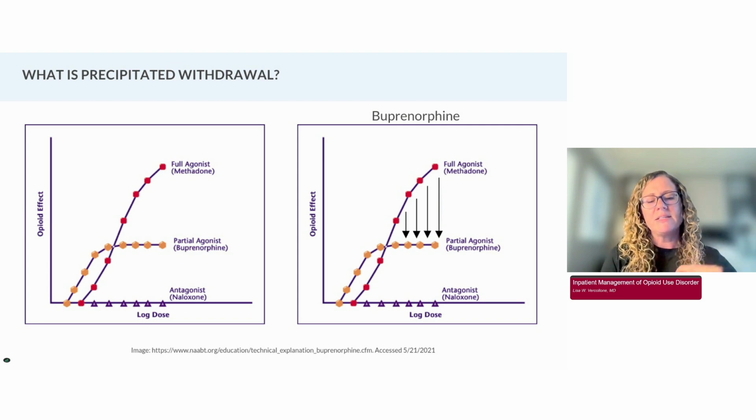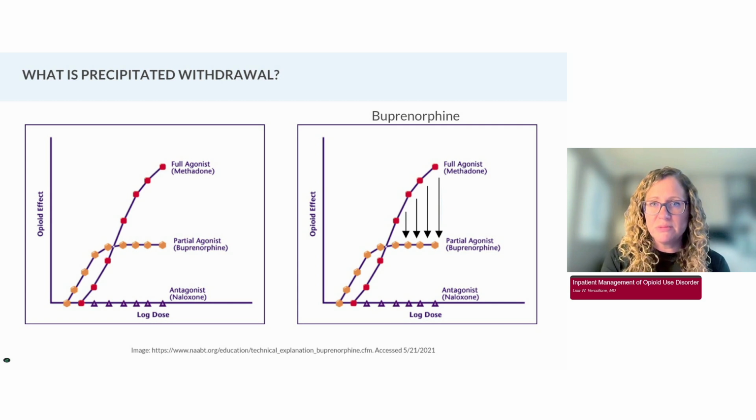So if somebody has fentanyl on board and you give them buprenorphine, it will rush in, and because of that high affinity and low dissociation, it will bump off fentanyl or any other full mu agonist. It will bind to that receptor, and within seconds, that receptor goes from being fully stimulated to partially stimulated.